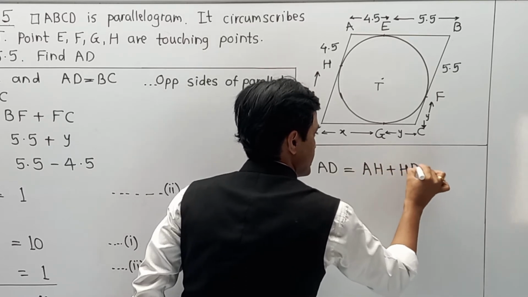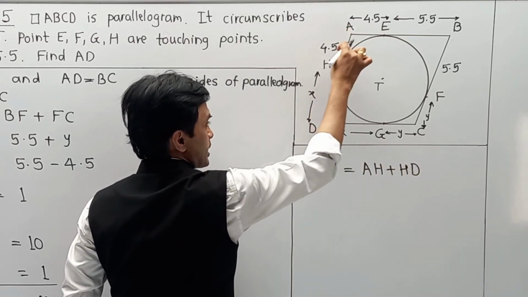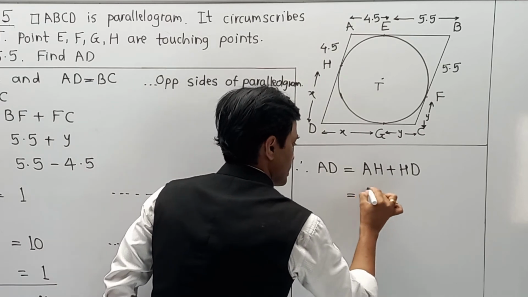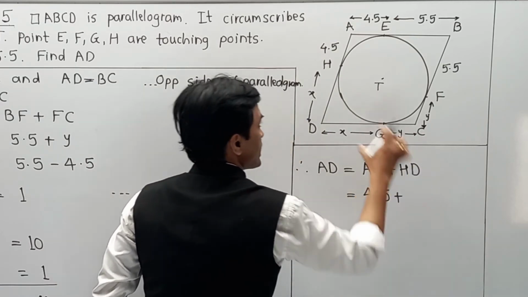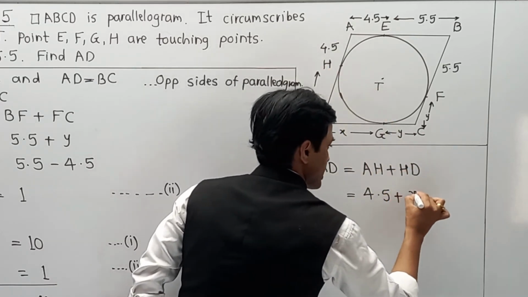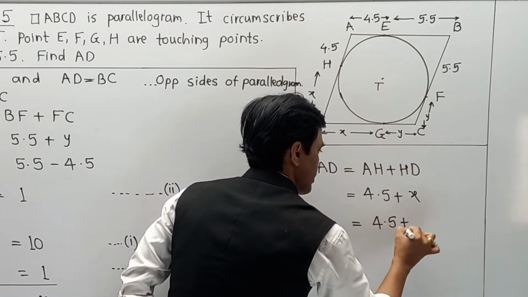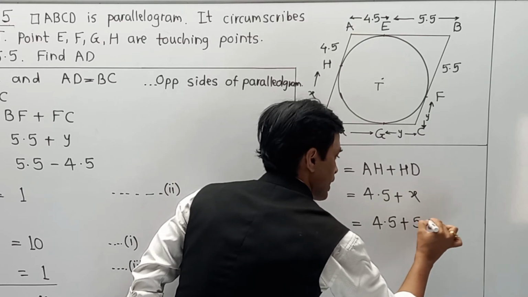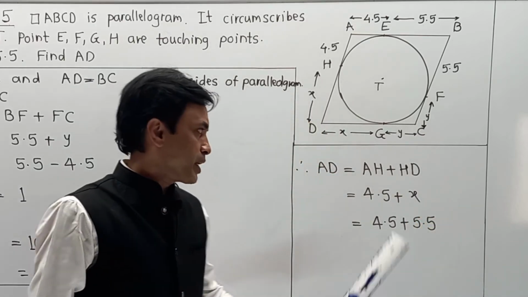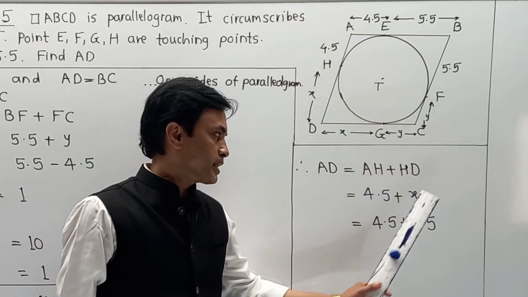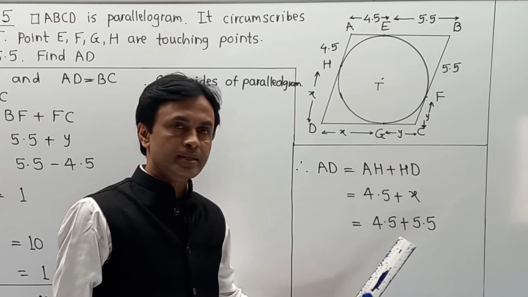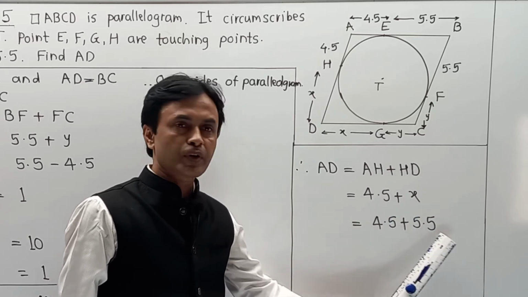Now the value of AH is 4.5, and the value of HD is x. So x is equal to 4.5, and the value of x we have recently calculated as 5.5. In this way we have written AH plus HD, that is 4.5 plus x, is equal to 4.5 plus 5.5.